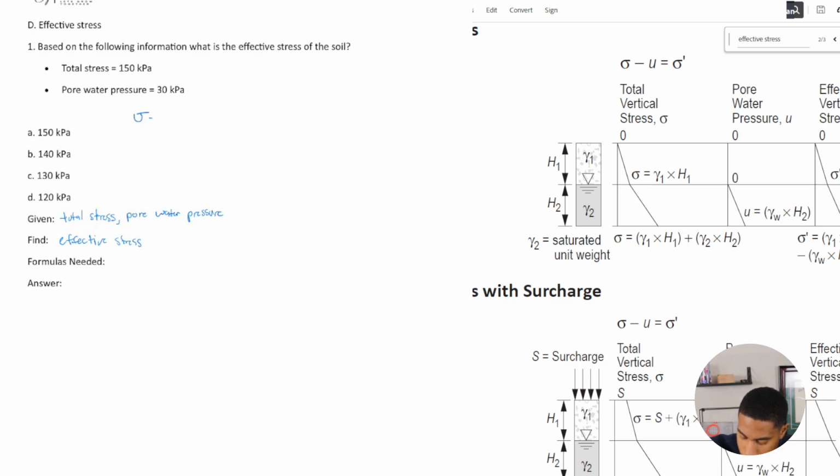This symbol is going to be total stress. All right, this symbol that has the prime in front of it is going to be your effective stress. All right, what about U? U is the pore water pressure. Kind of had to go hunting and digging for that.